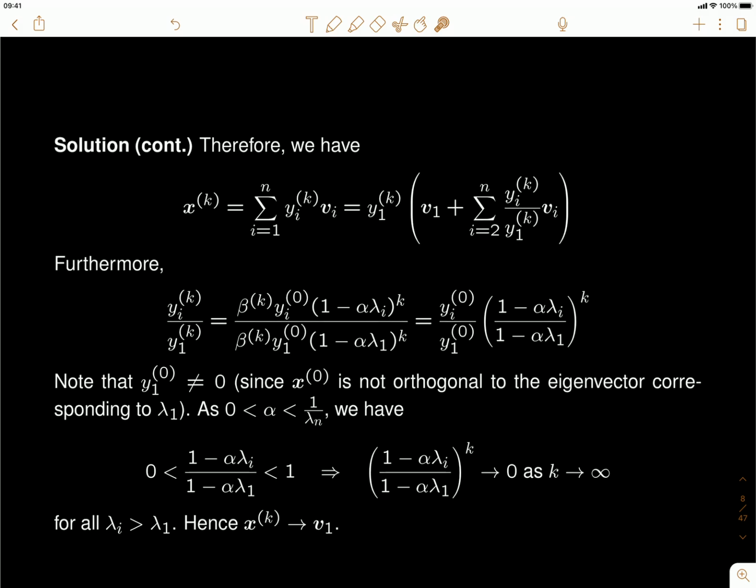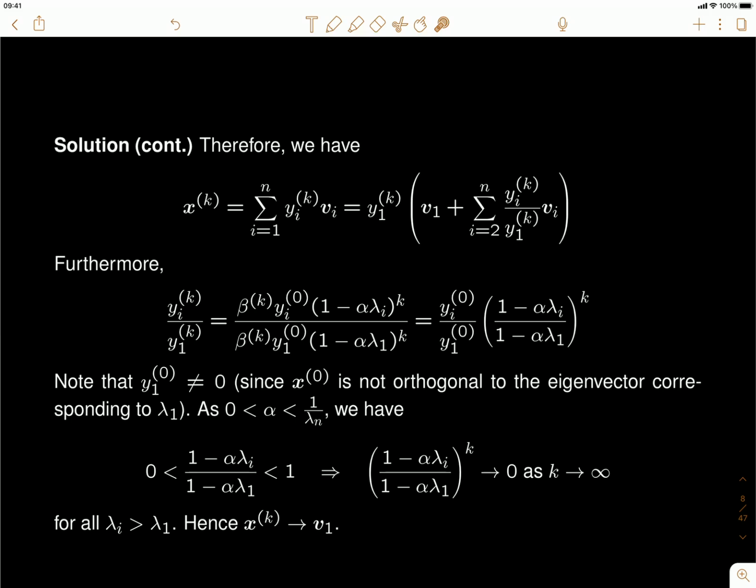Okay. Now, finally, we see that if xk is a linear combination of the vi's using the yk as the components, then let's extract the y1k. So this is like the coefficient for v1. That is corresponding to the eigenvalue lambda 1, which is the smallest eigenvalue. So extract this term, and all the other terms should be divided by y1k. So I just basically extract the y1k, and all the other terms should have yik divided by y1k.